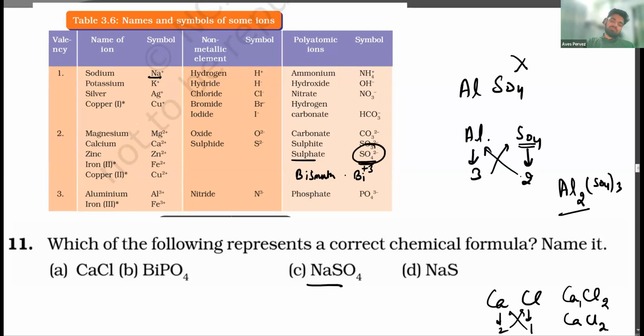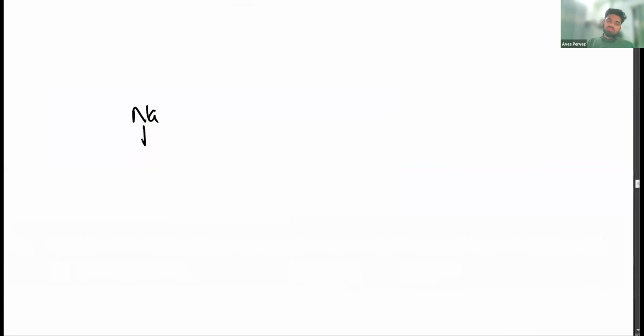So when you write Na2SO4, Na has 1 and SO4 has valency 2, which in the table is written as +1 and -2.